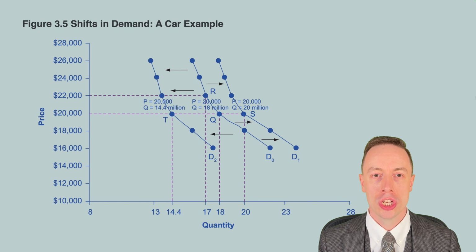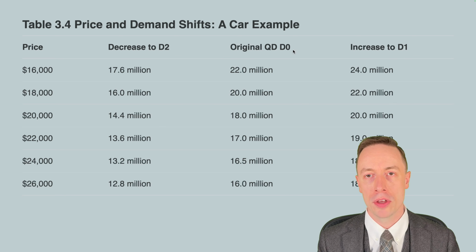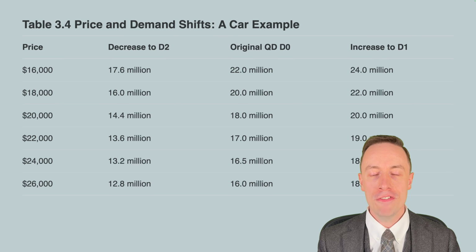We can, of course, look at this exact same scenario using a demand schedule as well. So here we've got our original demand curve represented by the column D0. If we are moving to a different price point here, that's not yet a different demand schedule.